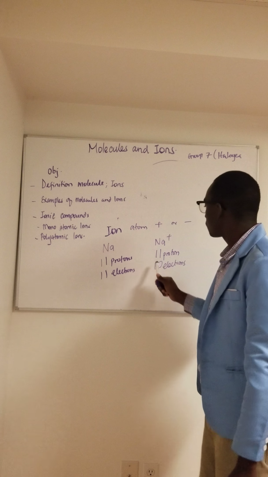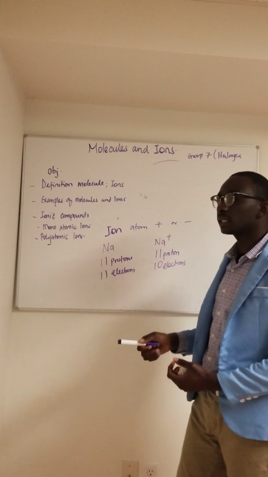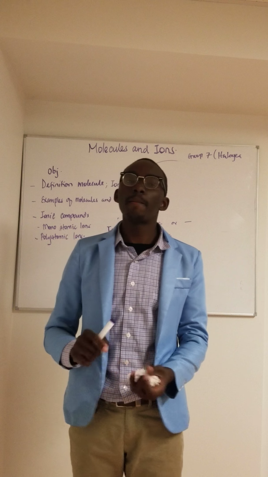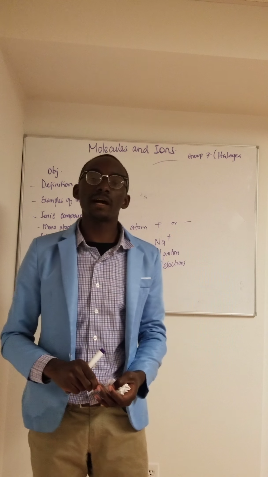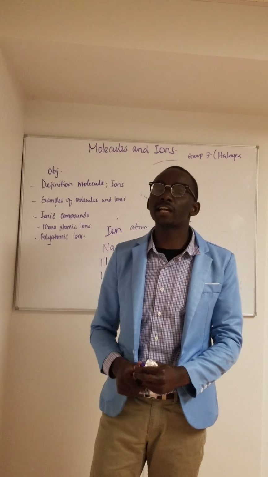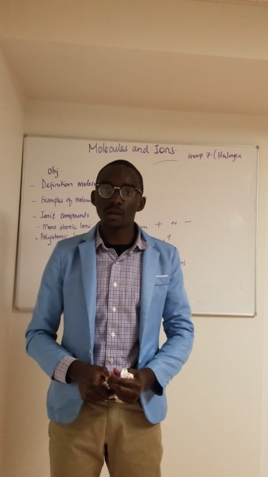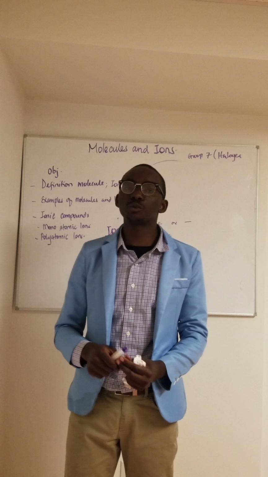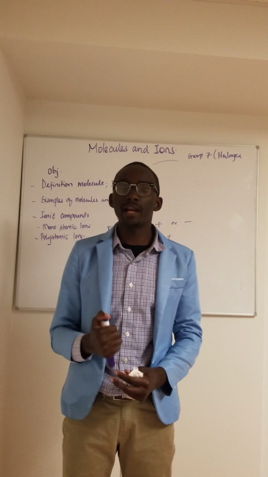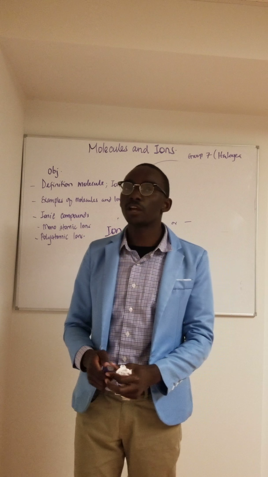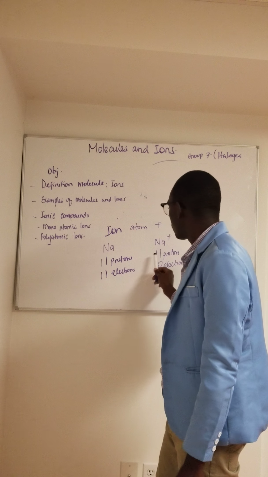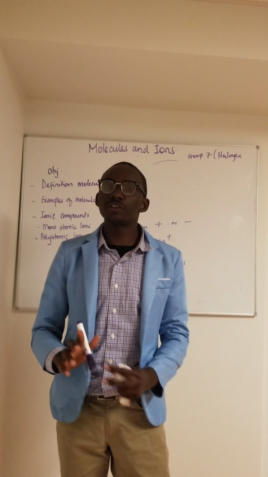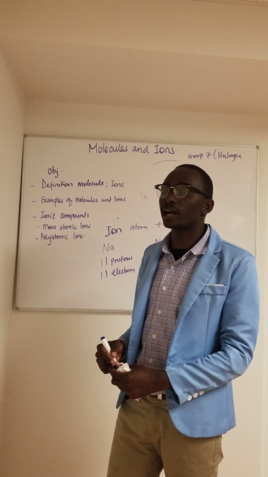Like I said in the periodic table, metals from group 1 up to group 3 react by losing electrons, whereas from group 4 to group 7, elements react by gaining electrons. So in this case, sodium lost 1 electron to resemble the nearby noble gas.